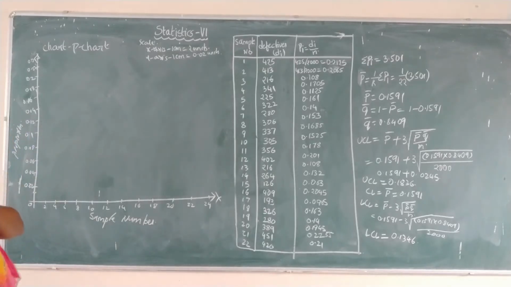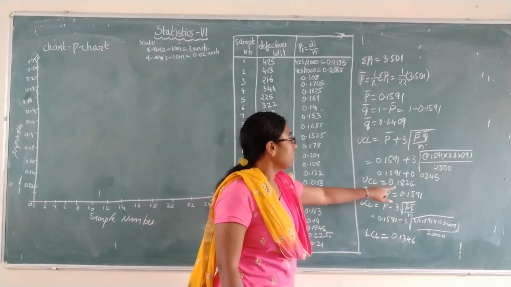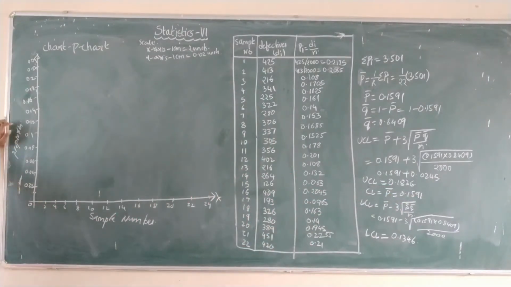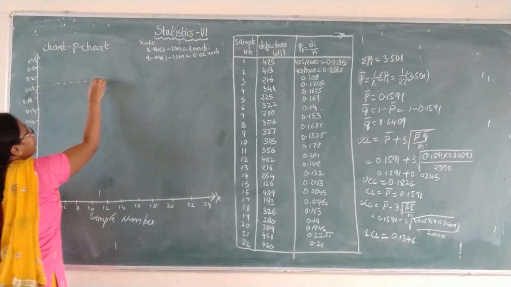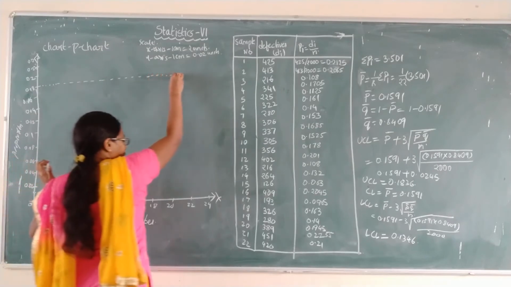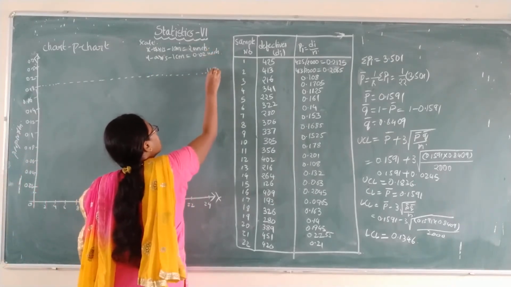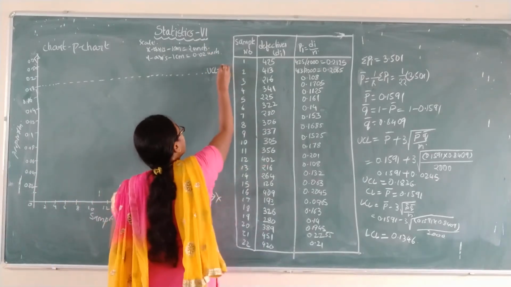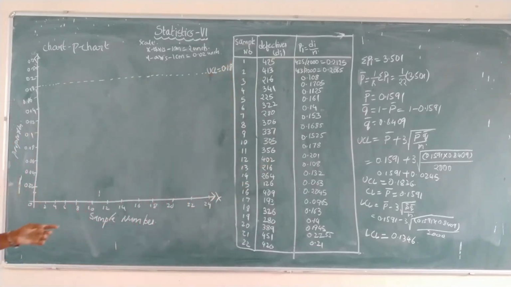First we will plot the value of UCL. What is UCL? 0.18. Here you have 0.18, so draw a dotted line. This is the UCL value, and you can write UCL equals 0.18. Next, coming to the CL.